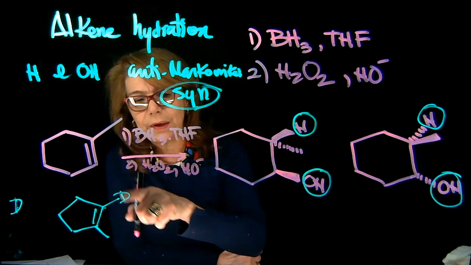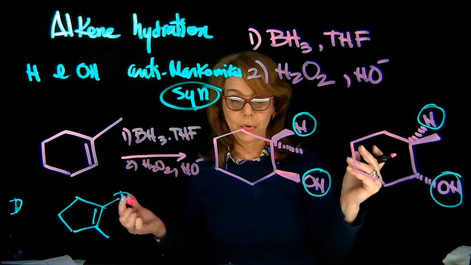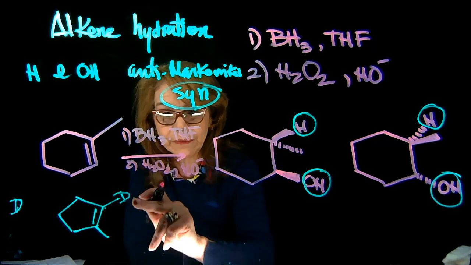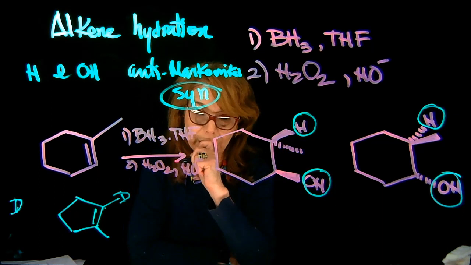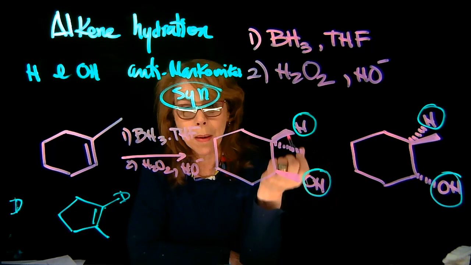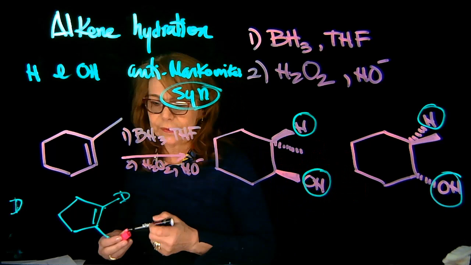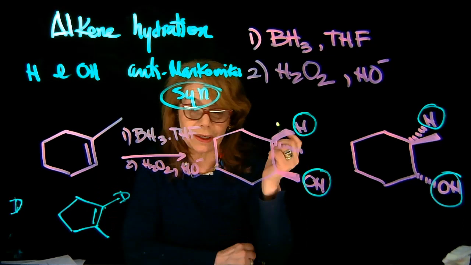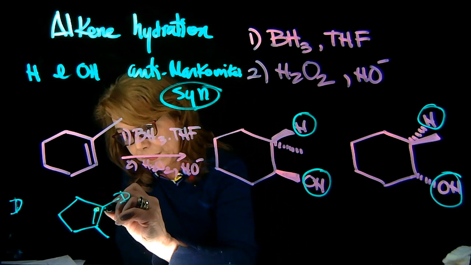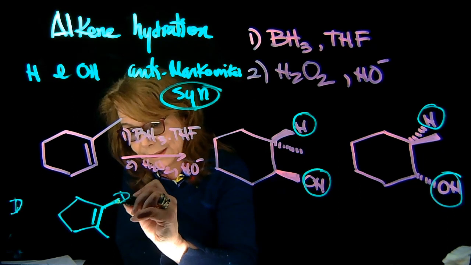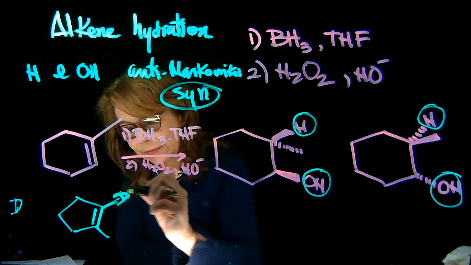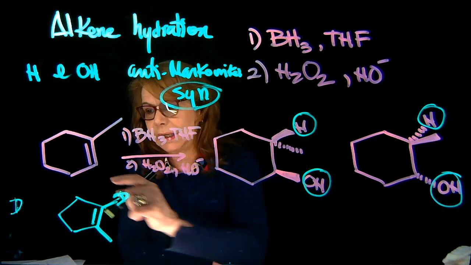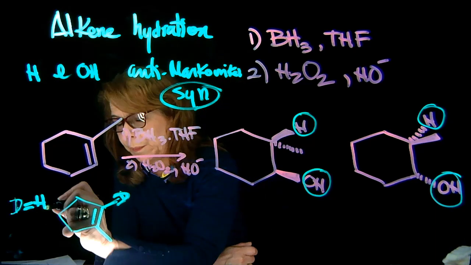The point is that here, we want to know which carbon is the more substituted and which is the least substituted. So think about the deuterium as if it were a hydrogen. It is a hydrogen, but a heavier isotope. So when you're thinking where to put the H and where to put the OH, the carbon that has that D is least substituted, and the carbon that has the methyl is more substituted. Again, think of these two as being the same.